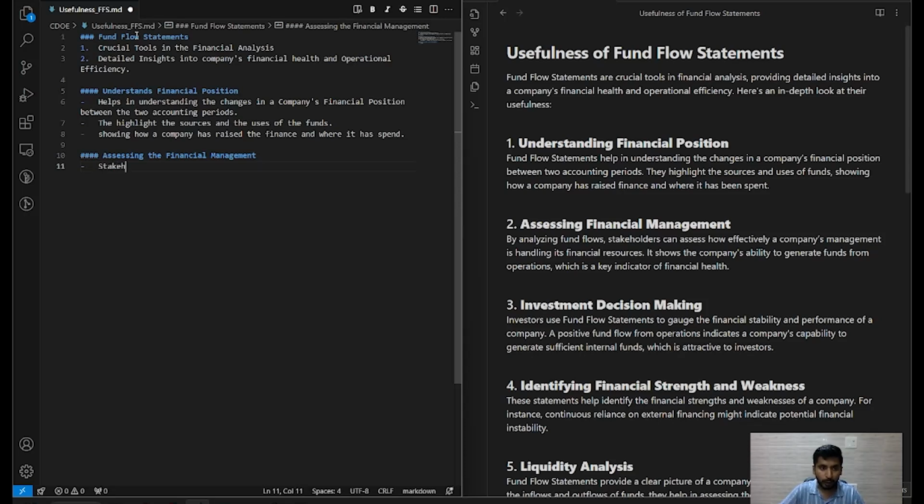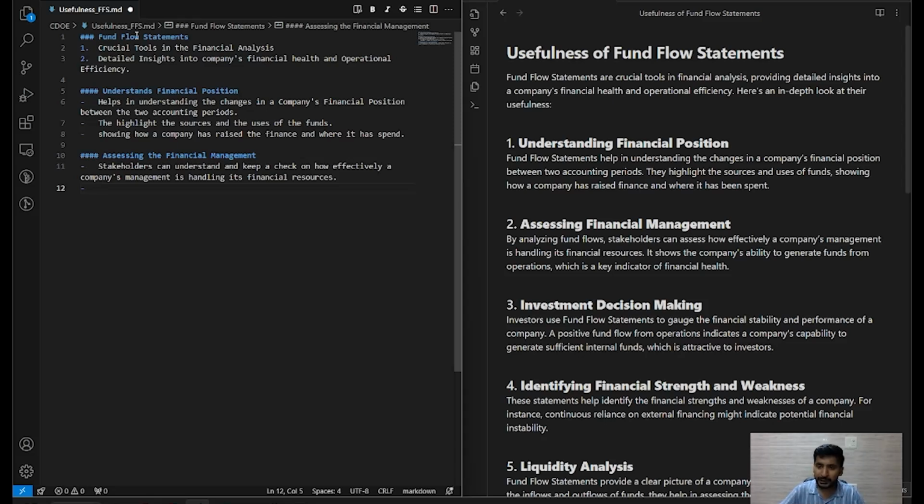The stakeholders can understand and keep a check on how effectively a company's management is handling its financial resources.